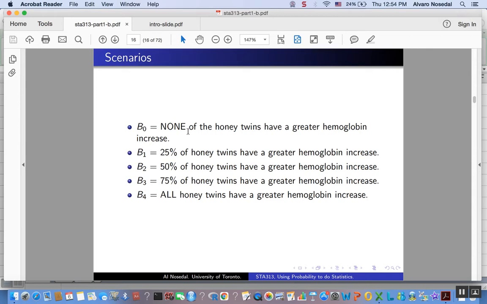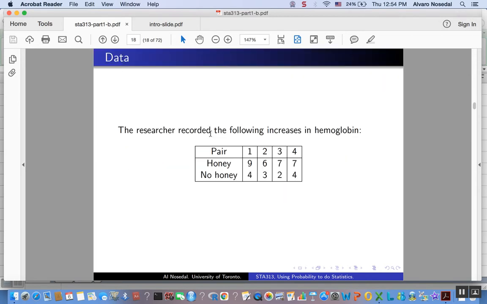Make sense? So we had that data, and then we thought about it from the perspective of our Bernoulli trial. We either have a success if the honey twin sees a greater increase, or a failure otherwise.